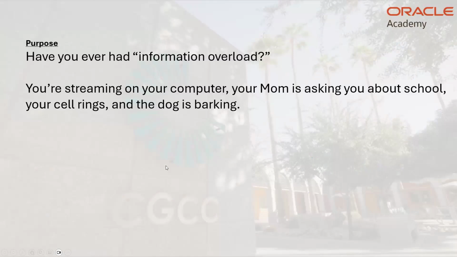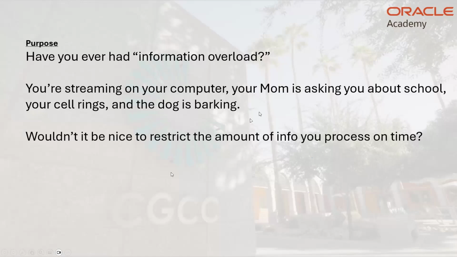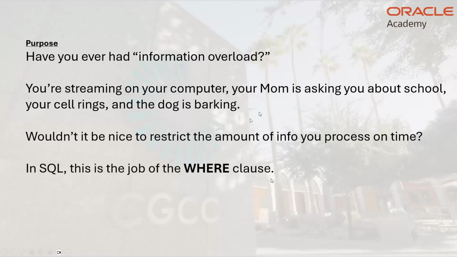Well, maybe not your dog, but at least they're barking about school. Your cell phone rings. Oh, I did have a dog barking, or a cat meowing. That's called information overload, and you're trying to get your homework done.